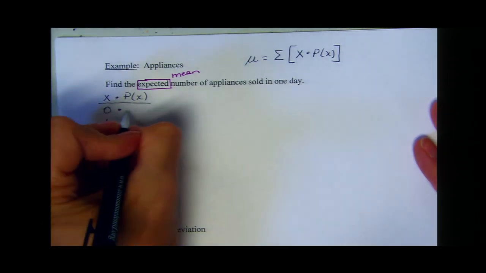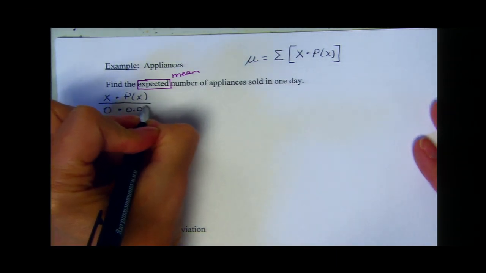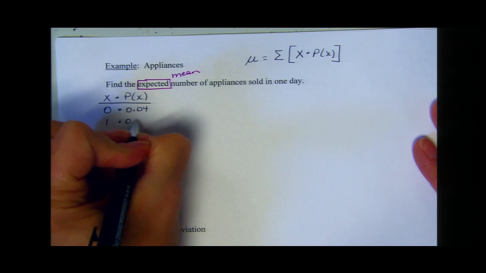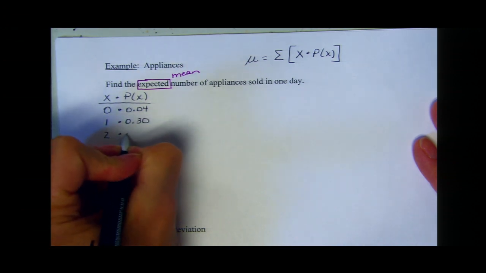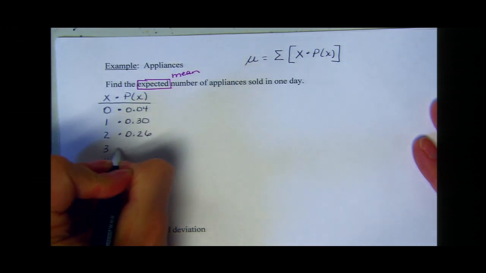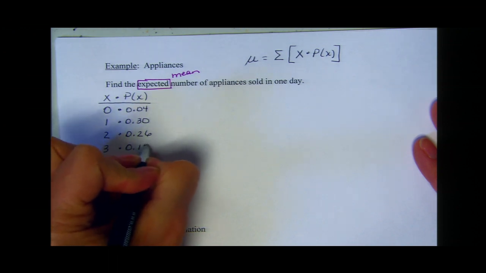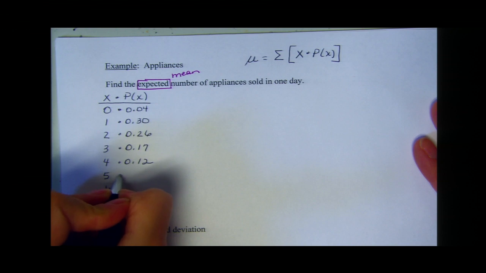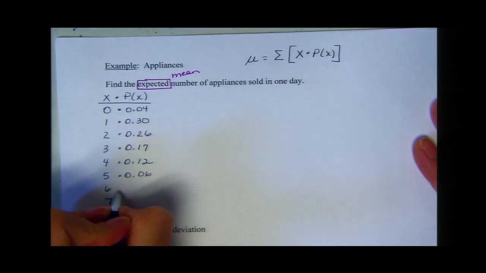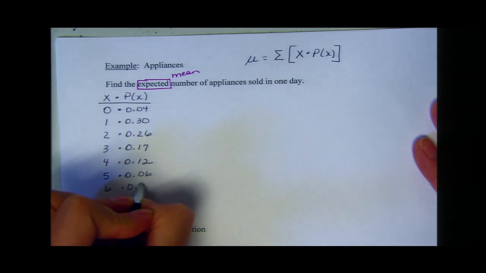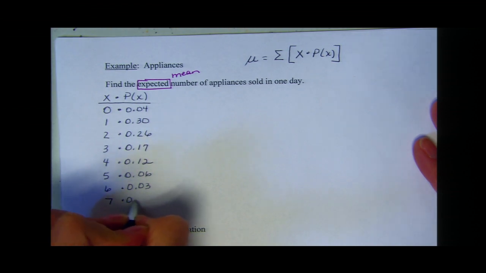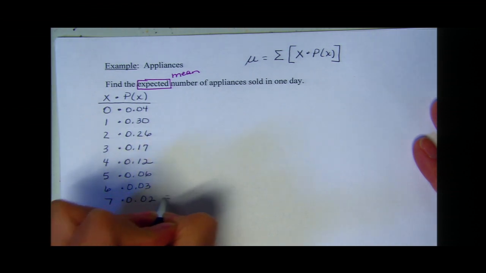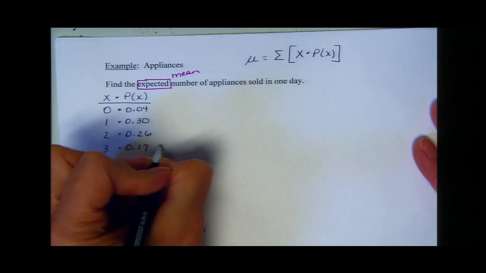So we had 0.04, 0.30, 0.26, 0.17, 0.12, 0.06, 0.03, and 0.02. So we're going to multiply each one of these.